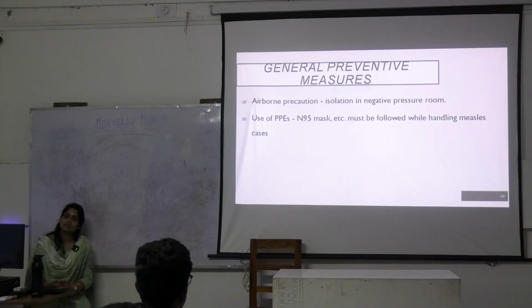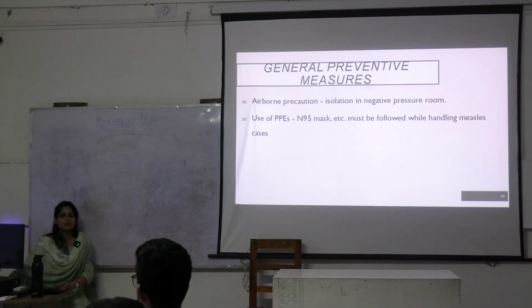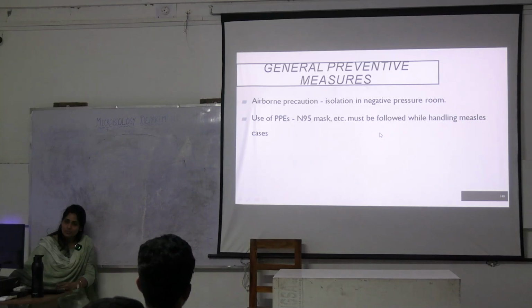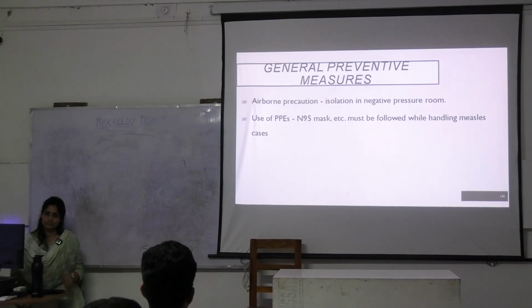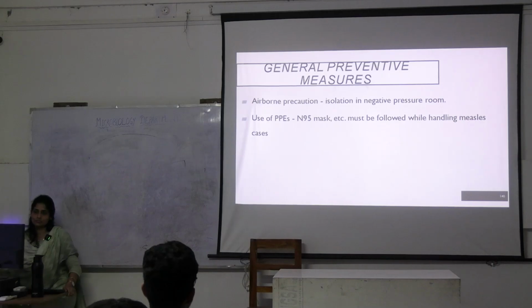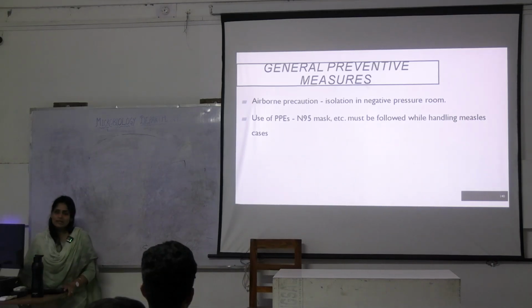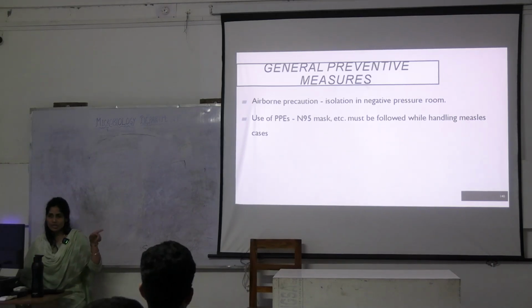Where do you see positive pressure? Very good. OTs. You see positive pressure in OTs and negative pressure in an infected patient's room. What is happening in OT? You want the air to be clean. So what do we have there? Did I say that air goes outside from this room?